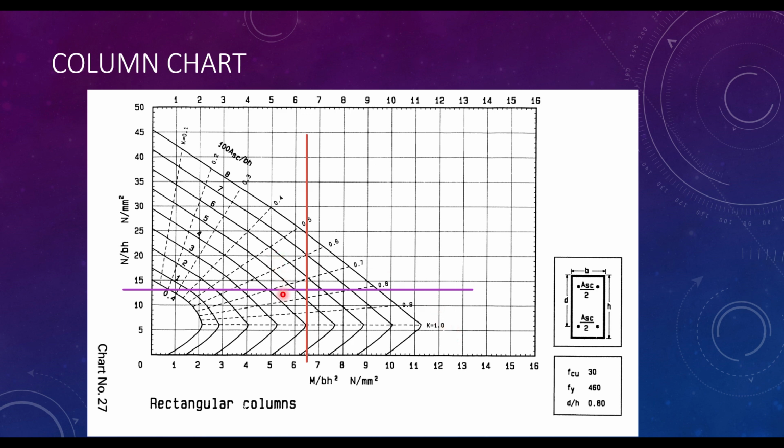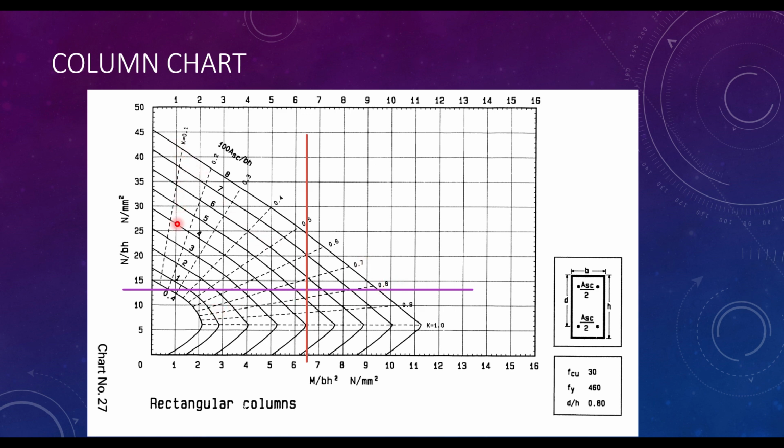So now, based on our readings, reading the x-axis against the y-axis, it intersected here. If you look at the readings, you can see that it falls between the K equals 0.7 line and the K equals 0.8 line.